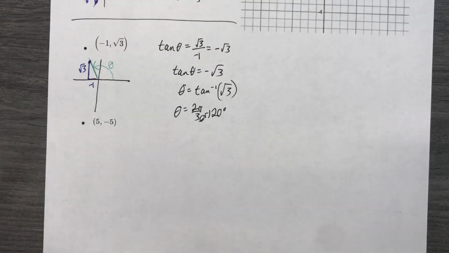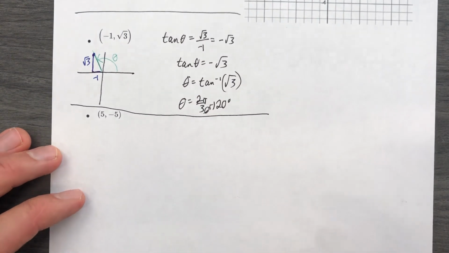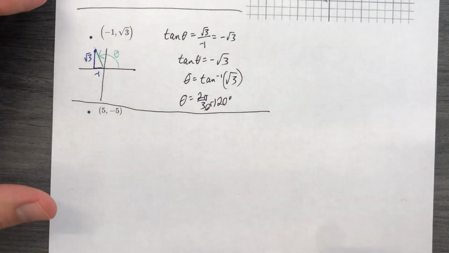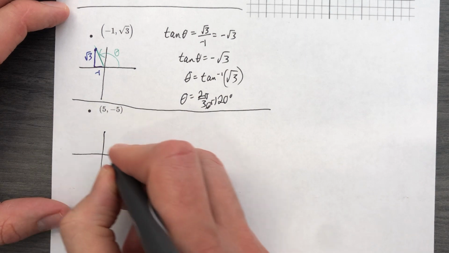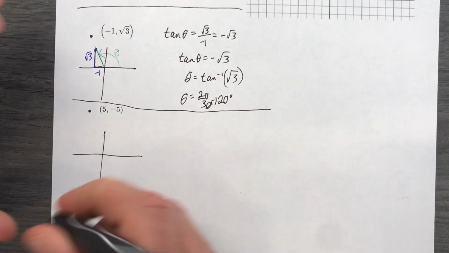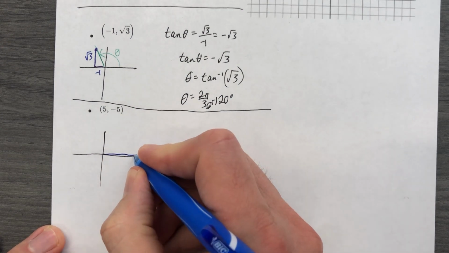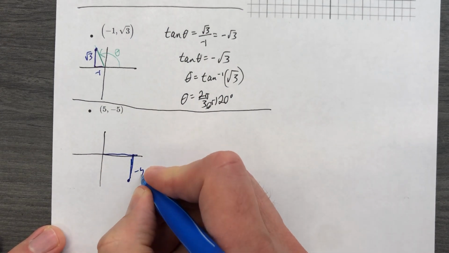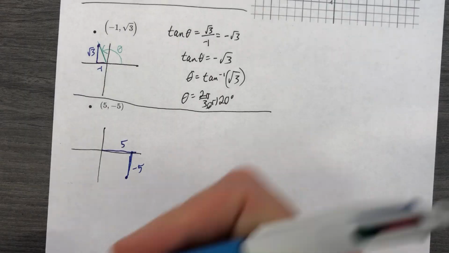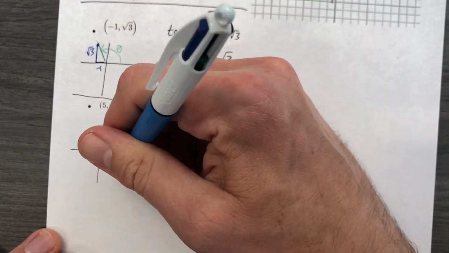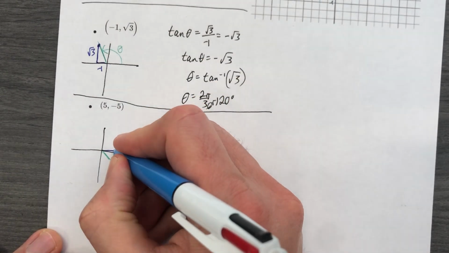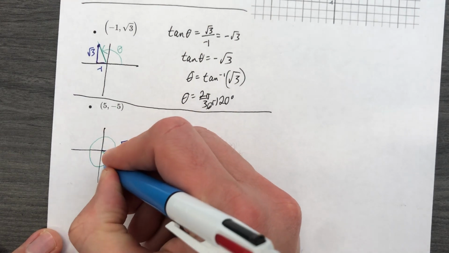Okay, last one. And this one's going to work out very neatly. It's kind of neat. So let's draw. It's going to be at 5, negative 5, which puts it here. So 5, negative 5. And here's our angle. Angles in the standard position always start on the positive end of the x-axis and swing around.